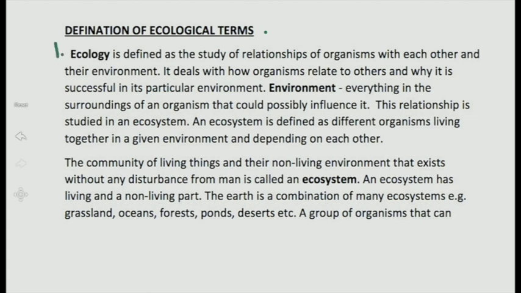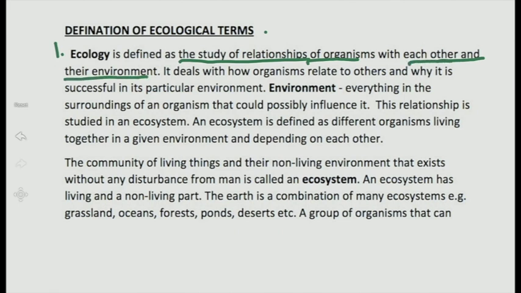What is this? Ecology is defined as the study of relationships of organisms with each other and their environment.